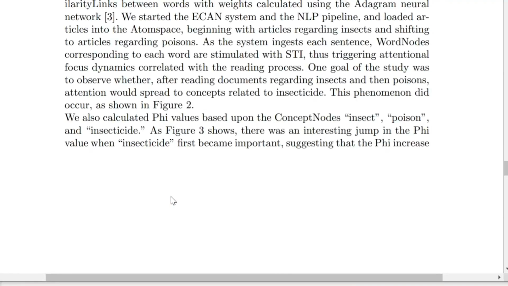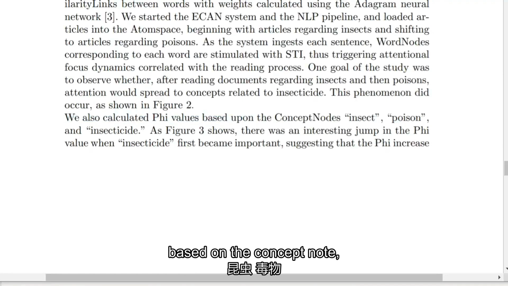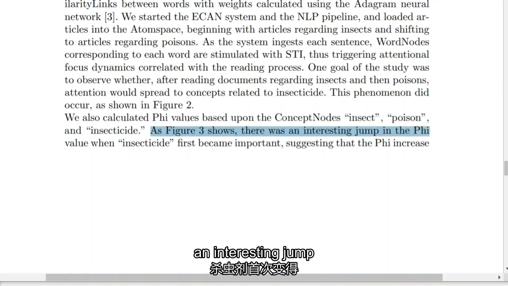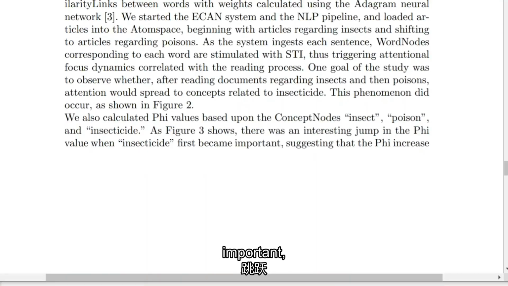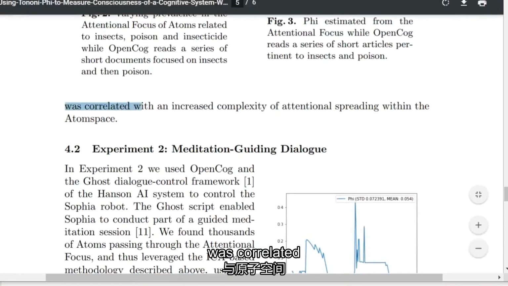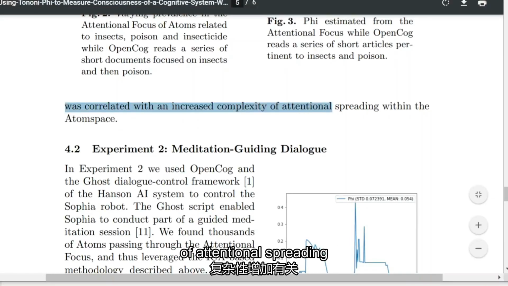And then what's even more astounding, we also calculated phi values based on the concept nodes insect, poison, and insecticide. As figure 3 shows, there was an interesting jump in the phi value when insecticide first became important, suggesting that the phi increase was correlated with an increased complexity of attentional spreading within the atom space.